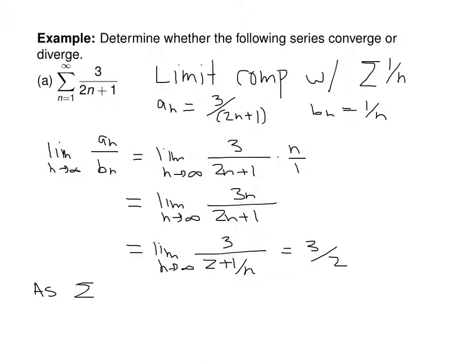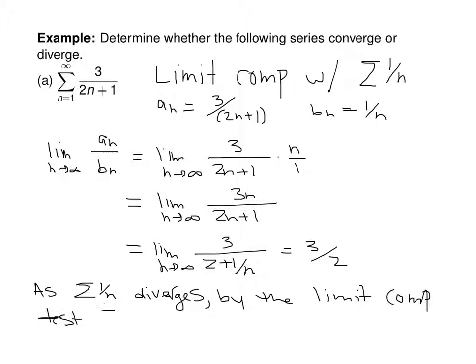So as the sum of 1 over n diverges, by the limit comparison test, the sum from n equals 1 to infinity of 3 over 2n plus 1 also diverges.